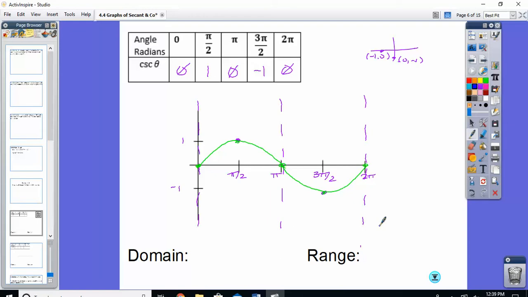My high and low points stay. And then what the graph does is it's actually flipping it. So this little piece was going down. What it's going to do now is up. So it's like an upward parabola and then a downward parabola, approaching your asymptotes.